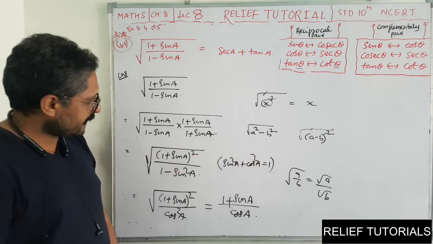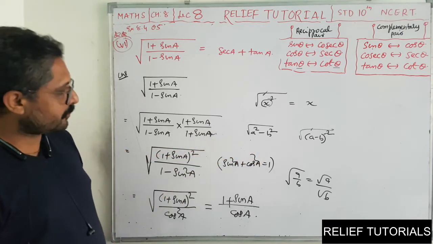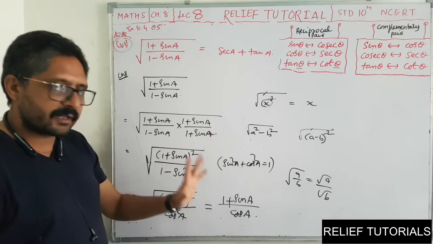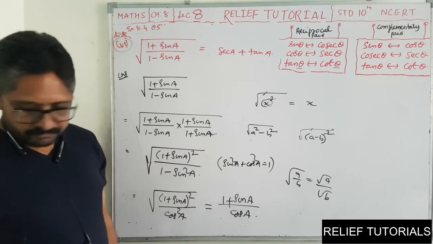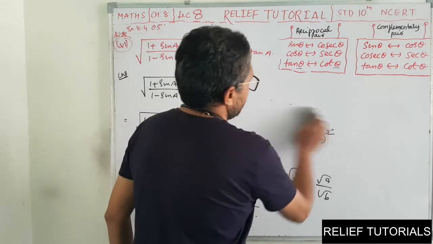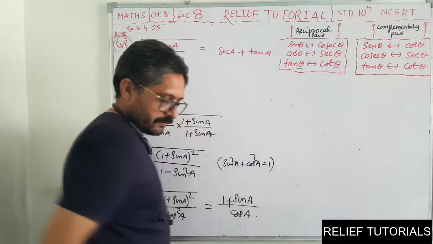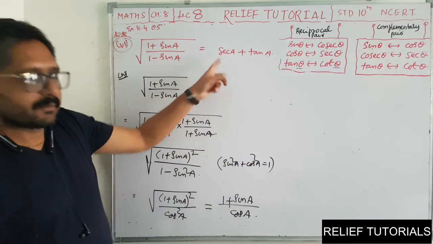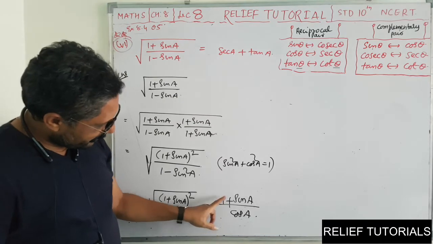Okay. So now what I have done, 1 minus sin square a, from the formula, 1 minus sin square a is equal to cos square a. Now I can remove the root. So I will remove the root. Now, see, but this is not our RHS. But once again, you know, cos a will divide both 1 and sin a.